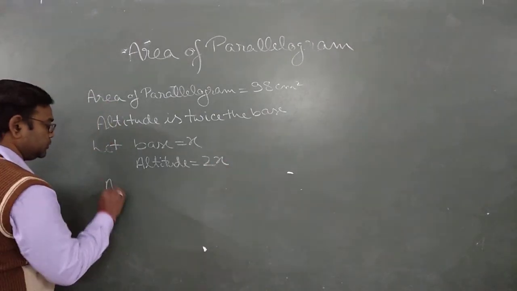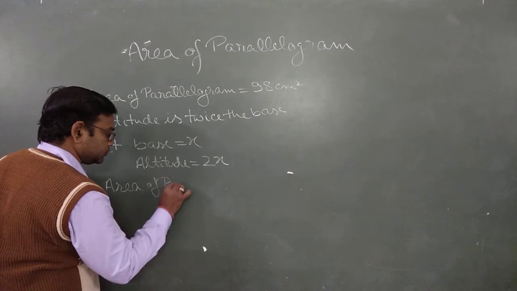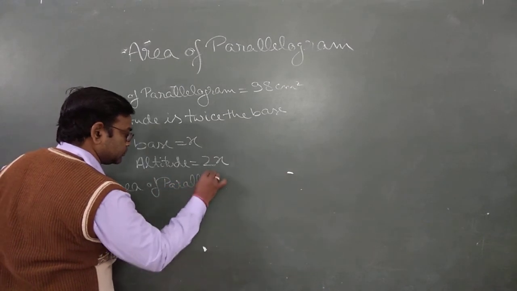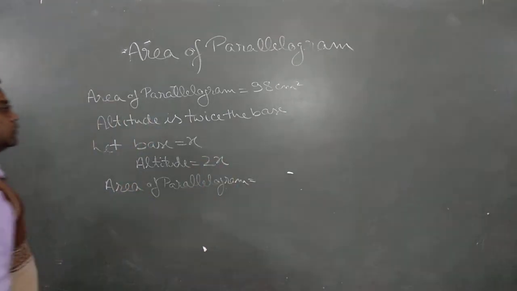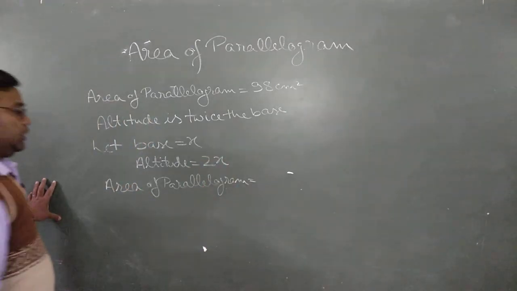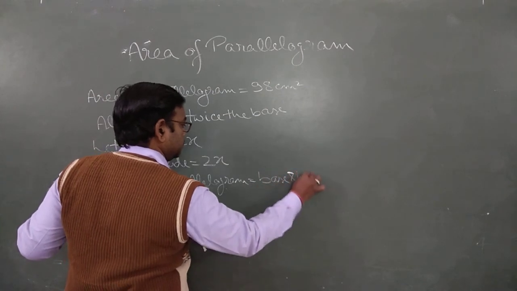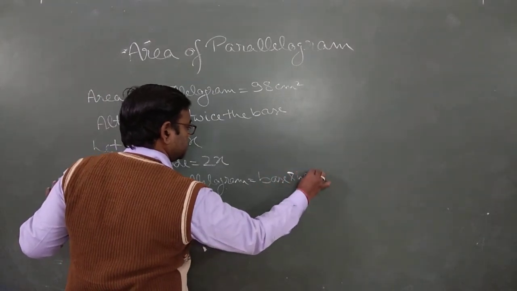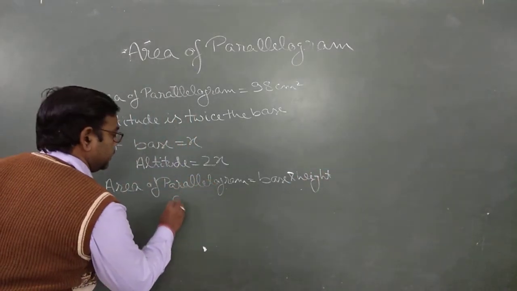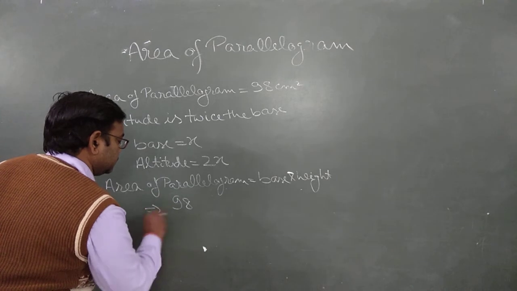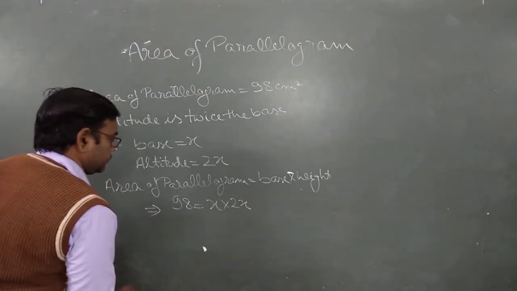So area, this solution does not require any figure. So base into height, it's given to you, it's 98 equals to x into 2x.